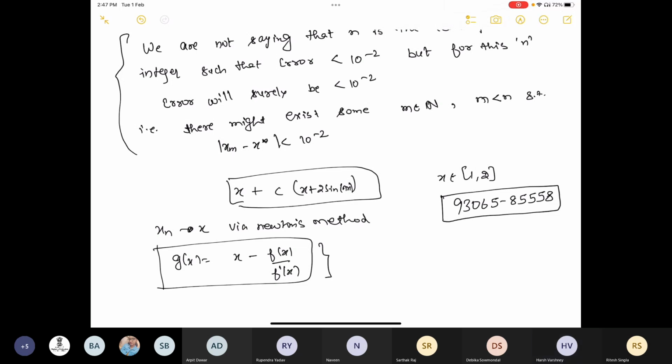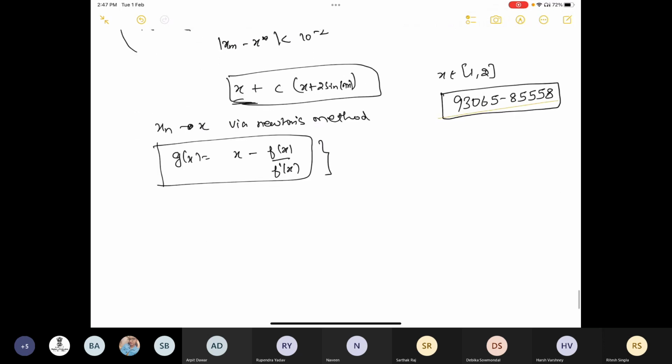So if you want to work with such functions, you can work with this one, x plus c times, because you know that you will have some maxima or minima at your exact solution. So the graph of such a function is something like this. Okay, so I'm saying it will be my exact root.